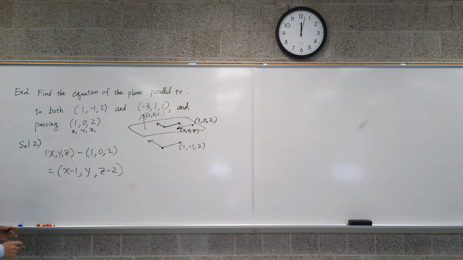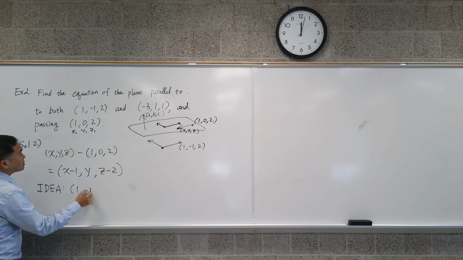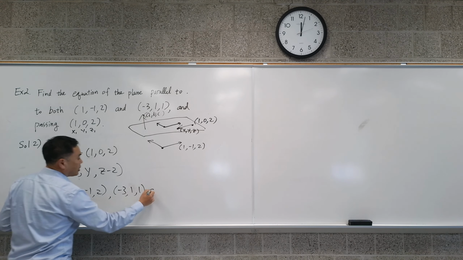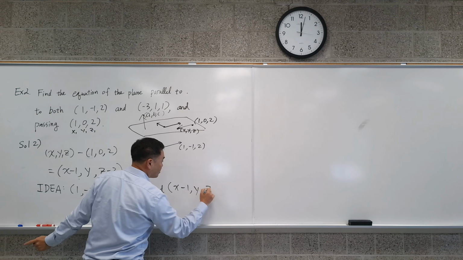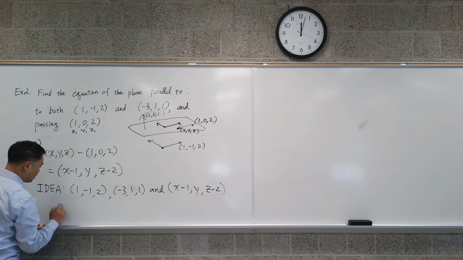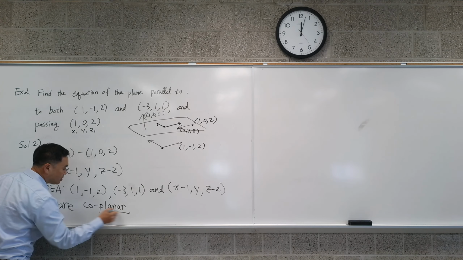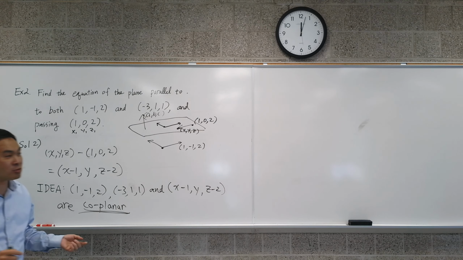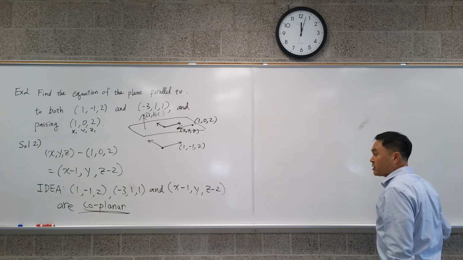So the idea that I'm going to use is that these 3 vectors, (1, -1, 2), (-3, 1, 1), and this vector (x minus 1, y, z minus 2), are coplanar. Sort of like saying that you have 3 points on a line, then you say it's collinear. Here, you have 3 vectors lying in a plane, you say they are coplanar.